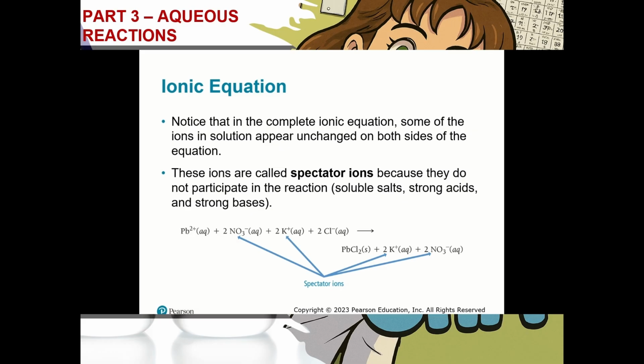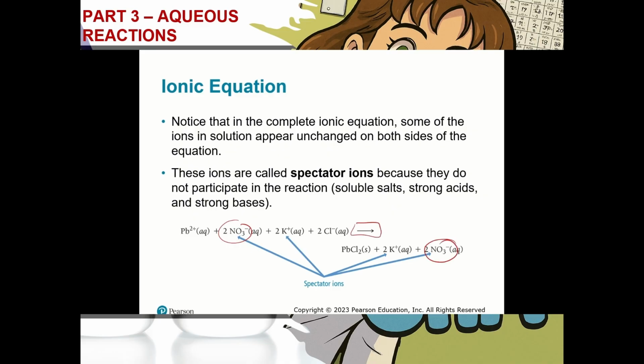These we call spectator ions. They are present but don't participate in the reaction. We will identify them and remove them in the next step, to produce the net ionic equation. See, over here, nitrate appears on both sides of the equation.